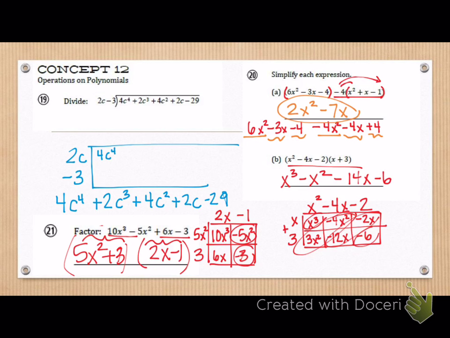So we put our 4c to the 4th up there. So 2c cubed would make that happen. And that would be negative 6c cubed. But I want it to be a positive 2, so I'm going to need an 8c cubed to make that happen. And then what, a 4c squared to make that happen.